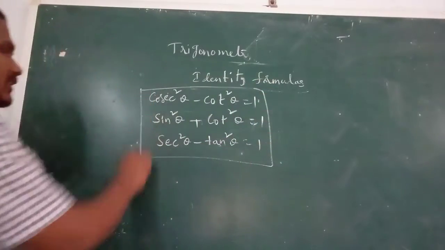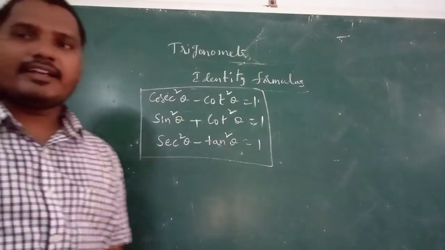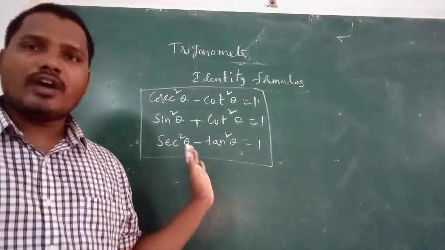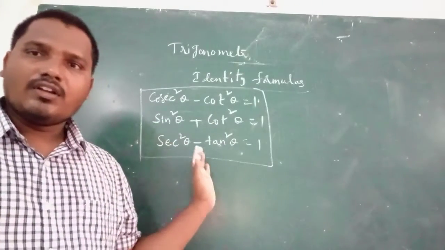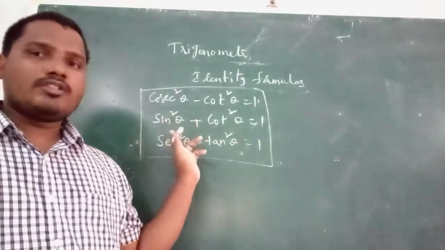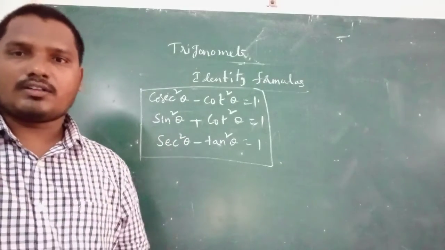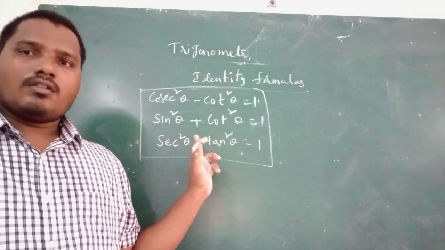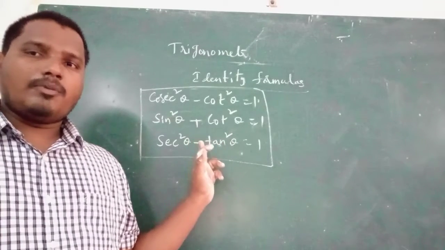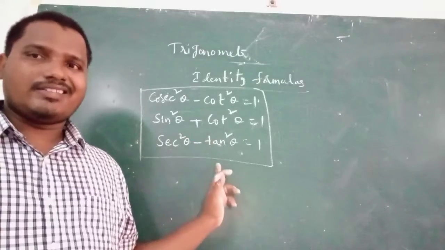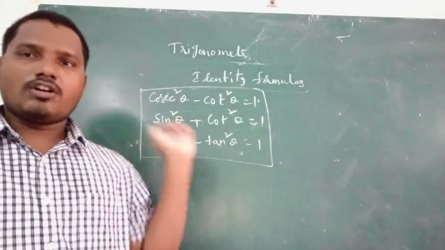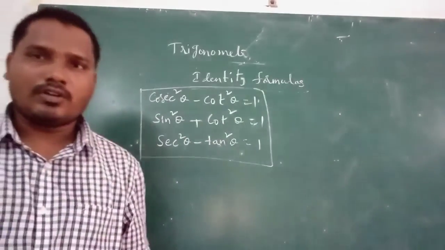Okay, these are the identity formulas of sin, cos, cosecant, secant, tan and cot. Very big problems are based on these formulas only.